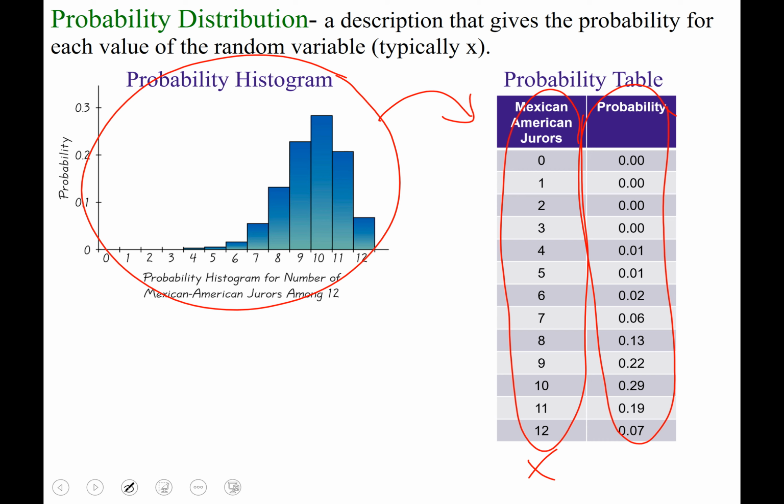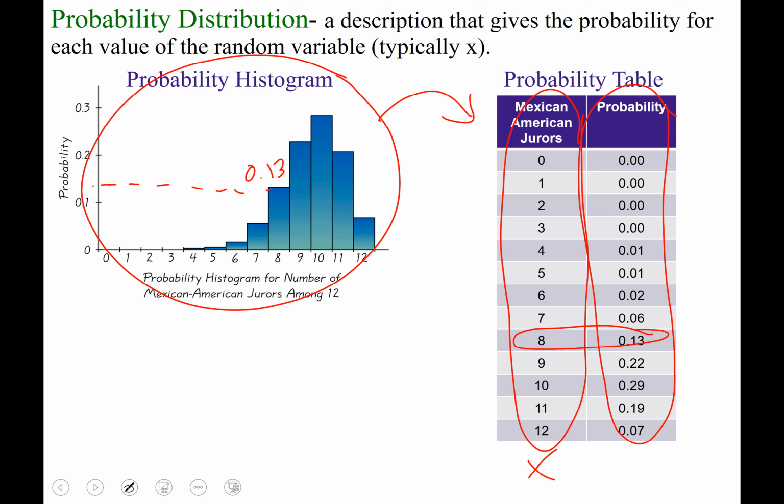This can be a little more clear if what you're looking for is that exact height, the probability of having exactly 8. It looks like the probability of exactly 8 is 0.13. I got that from the table right here.